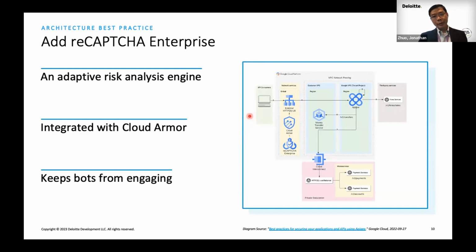So in this diagram, you can see the client sends the request to HTTPS load balancing with the credentials for the application, for example, OAuth token. And then it flows through HTTPS load balancing and then goes also in conjunction with Cloud Armor.